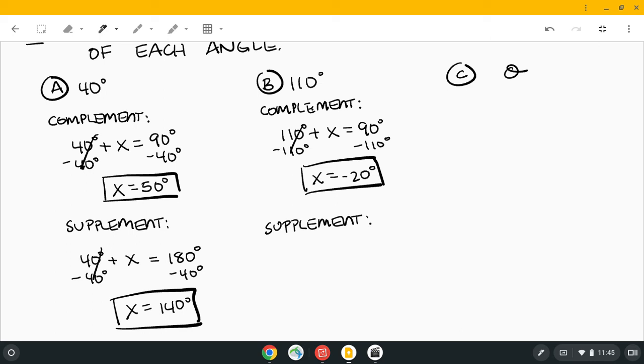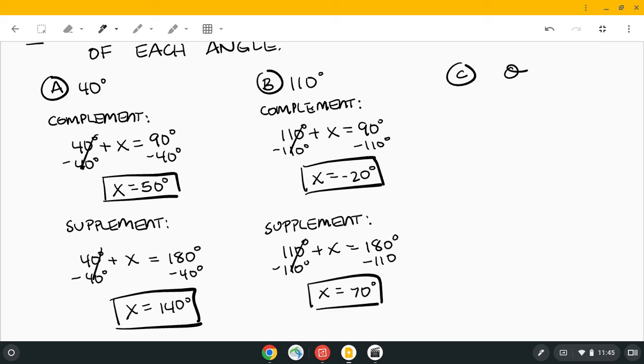For the supplement, we set it up the same way we did for 40 degrees: 110 plus some number equals 180. Solve for x, and we get x equals 70 degrees.